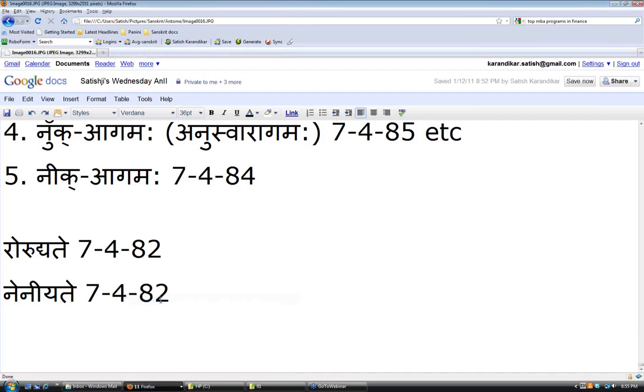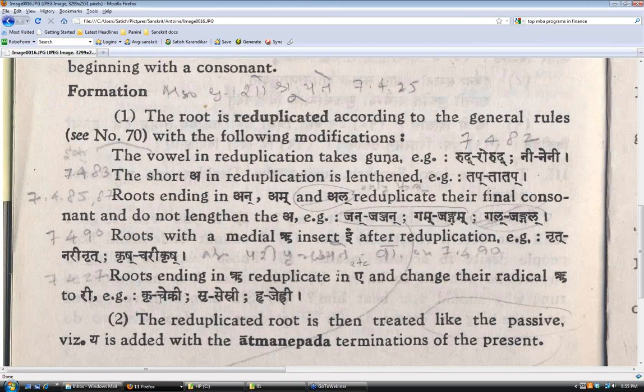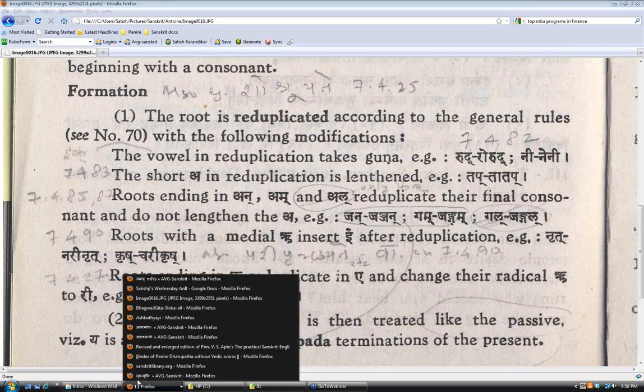Then comes the short I in reduplication is lengthened. Short I is lengthened, but only when there is no kit coming in there. Because when we say tanyate, once you make it tanyate, the short I is there, but there is no dirgha. Because once the nuk agama comes in, it is an anunasikanta dhatu.